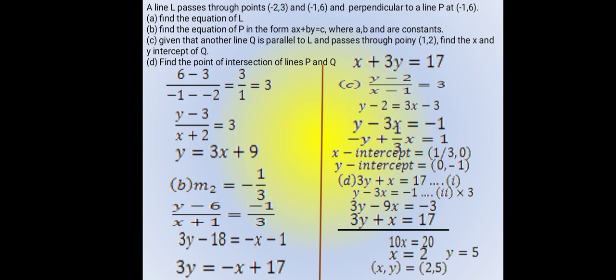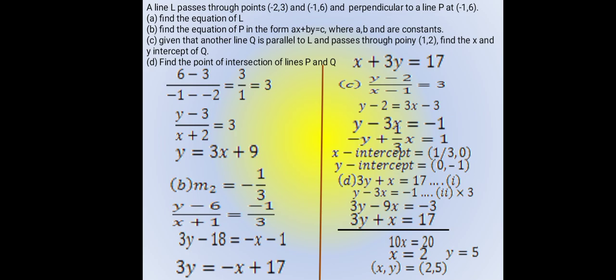Part D, we have been told to find the intersection of lines P and Q. So we use the elimination method to find the point where those lines meet. So we shall have two lines, 3y plus x equals 17 and y minus 3x equals -1. The first line we shall multiply by 1, and the second line I shall multiply by 3, so as to be able to eliminate y.